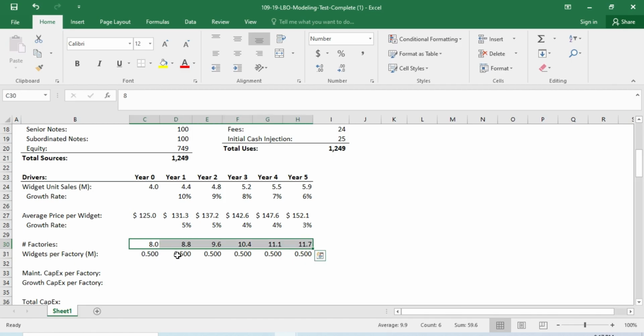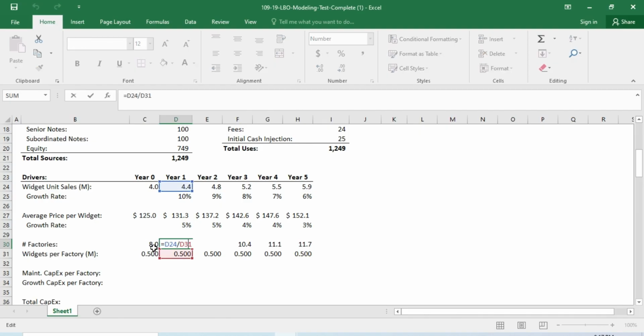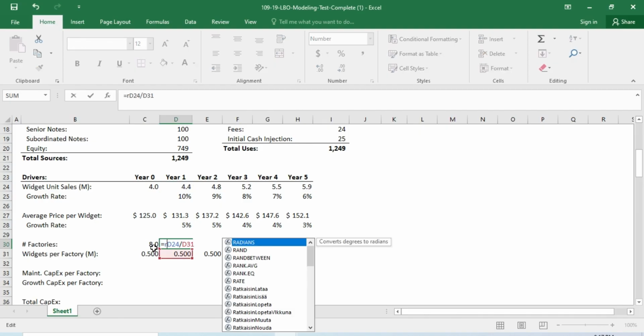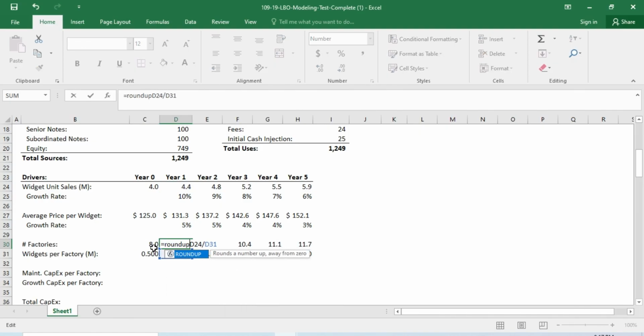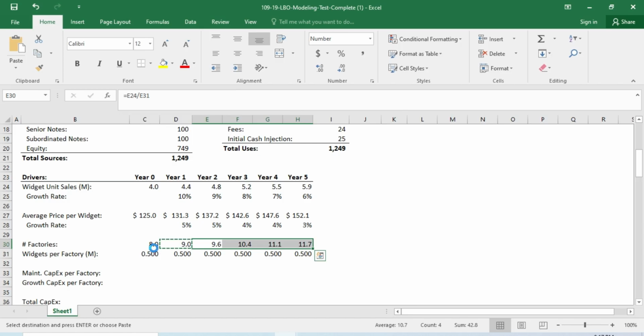A number of factories cannot be made in half, like 0.8 or 0.6 or 0.4. So we will enter the round up formula here, round up, comma 0. So we will get a whole number. In this way we will have the complete factory.